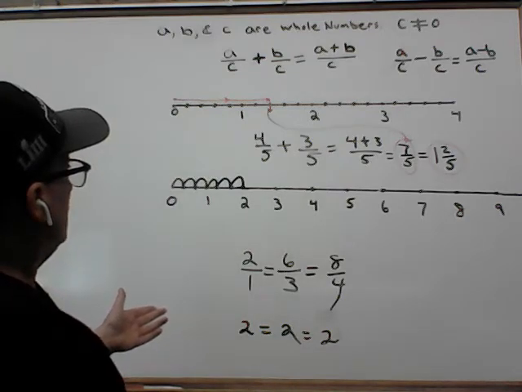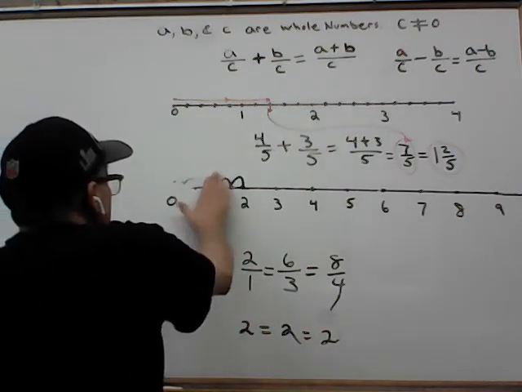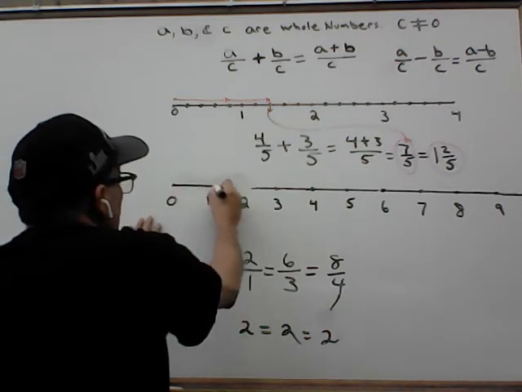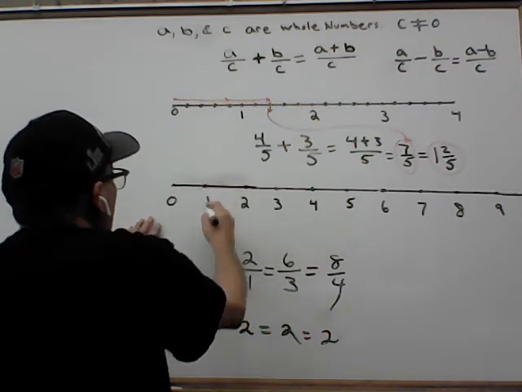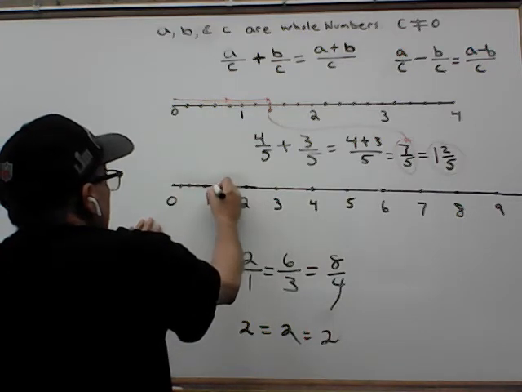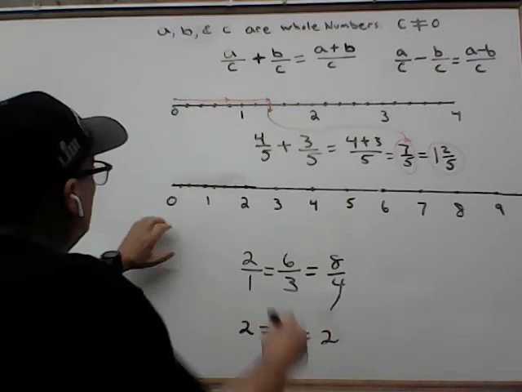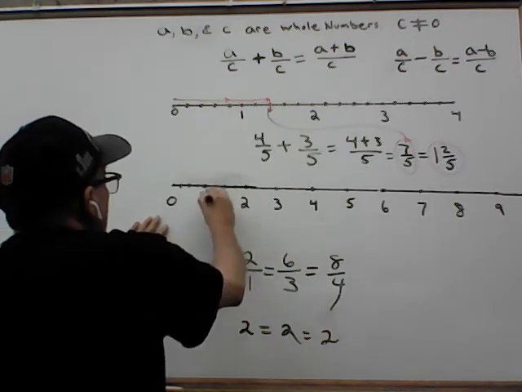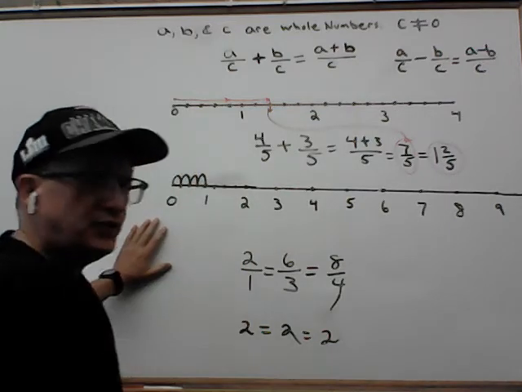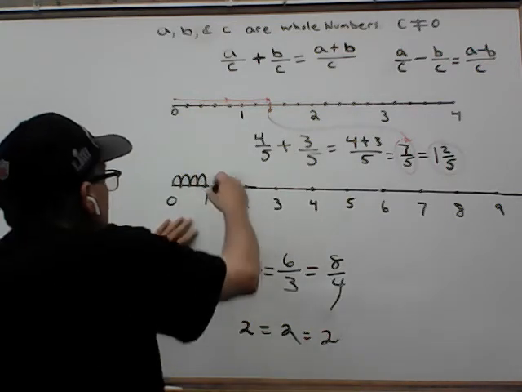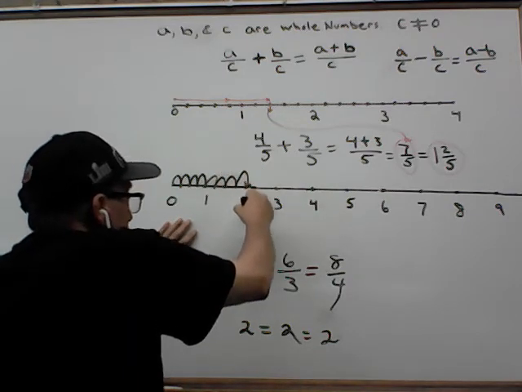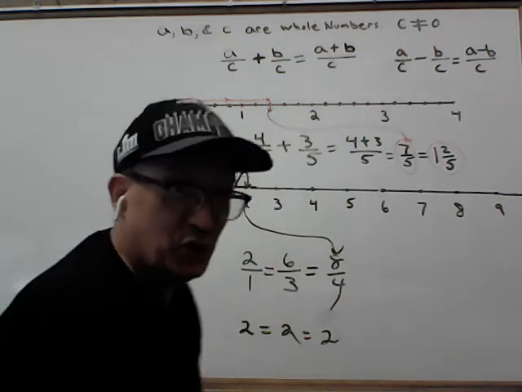To show that the whole number 2 is also 8/4, I have to make a fourth number line. I did a quick sketch here. It may not be perfect, but 1/4, 2/4, 3/4, 4/4, right on top of 1. And then 5/4, 6/4, 7/4, 8/4 lands me right on top of 2.